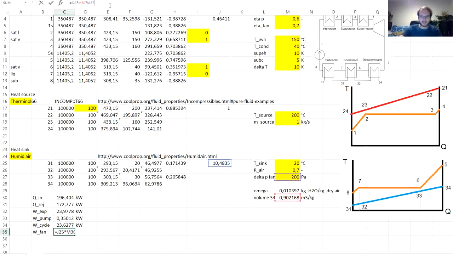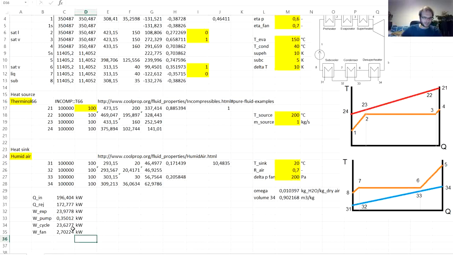So we need to divide it by 1000, and this is still the ideal work, and to get the work input we need to also include the efficiency of the fan, and here we have the result for the work of the fan in kilowatts.